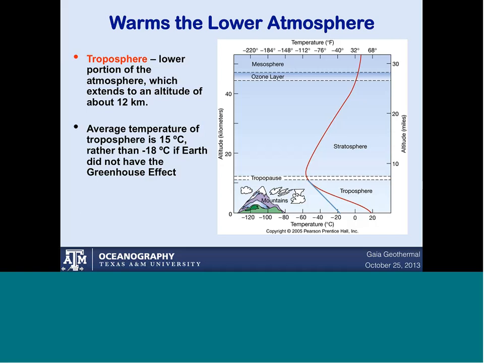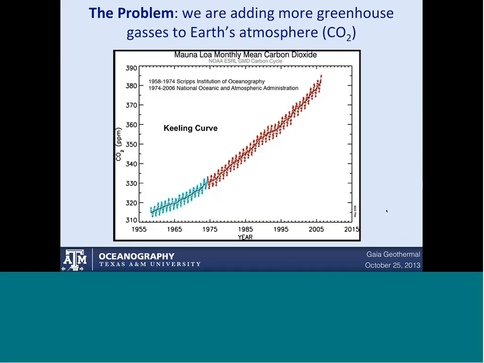By adding more CO2, what we're effectively doing is warming the lower troposphere from the bottom up, and we'll end up with a future that's somewhere like this green slope, with warmer temperatures in the lower troposphere. Okay, so the problem here, as I just illustrated, is that we're adding more CO2 to the atmosphere through the burning of fossil fuels, right?